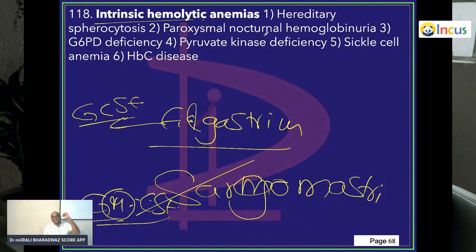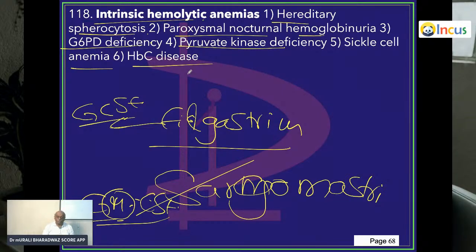So intrinsic hemolytic anemia. Hereditary spherocytosis, a problem in the RBC, intrinsic defect. Paroxysmal nocturnal hemoglobinuria is an intrinsic defect. G6PD deficiency is an intrinsic defect. Pyruvate kinase deficiency is intrinsic inside the RBC. Sickle cell anemia, HbC disease, in all these things, it is an intrinsic defect.